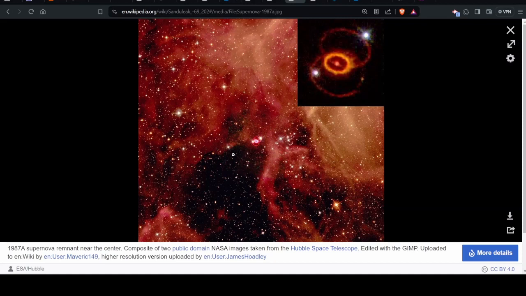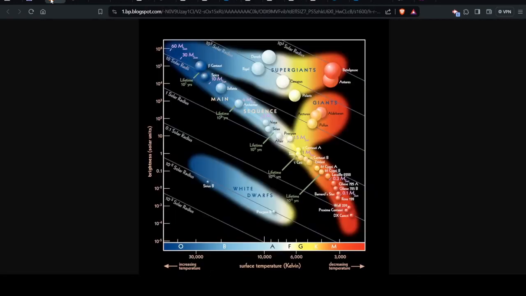Now, at the time, in 1987, it was thought that only red supergiants could produce supernovae. They didn't think that blue supergiants lived long enough. I'm not entirely sure. I couldn't find out exactly why, other than that they are too hot. So over on our HR diagram, they're way over on the left, at 30,000 Kelvin, here's where on your main sequence you start, like 60 solar masses.